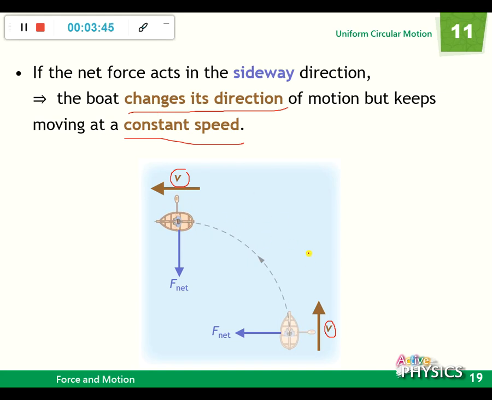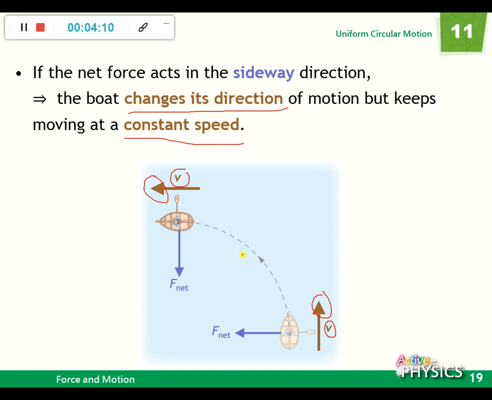But if this is velocity, they are not the same, because in this one the direction is outward, and in this one the direction is right hand side. They are not the same velocity, but they have the same speed. How to make a change in direction? You should provide a force or acceleration on it.